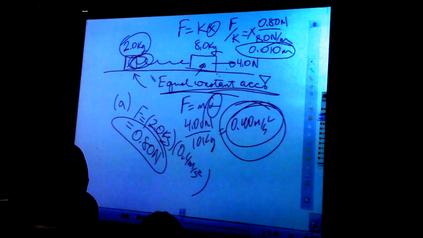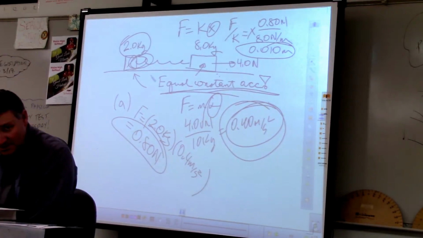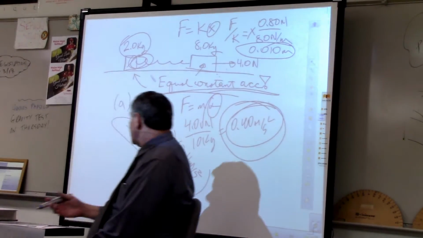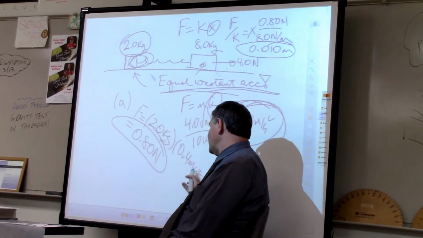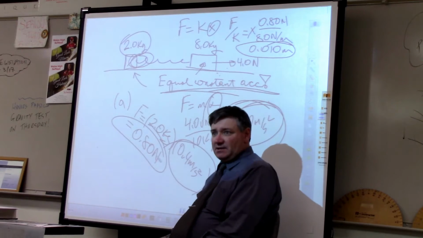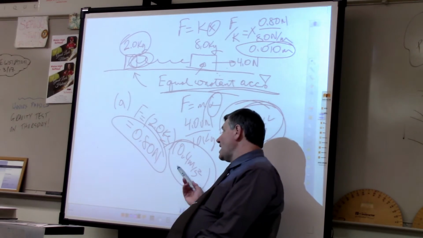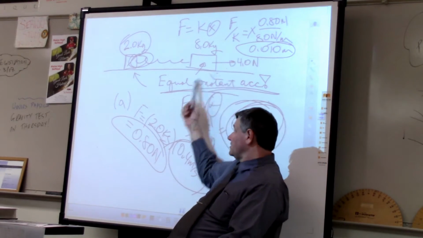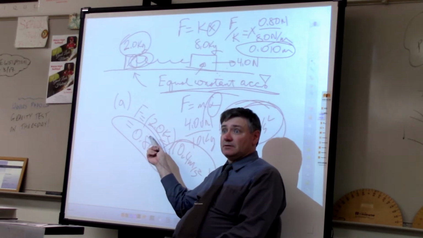Greater. Why? Since you seem to own this question, Ostrich. Well, because it requires more force to accelerate the bigger block. Yeah. So it still has that same acceleration of 0.4. So if you go back to this equation, it still has that exact same acceleration, but now instead of 2 kilograms, you're going to use that 8 kilogram.